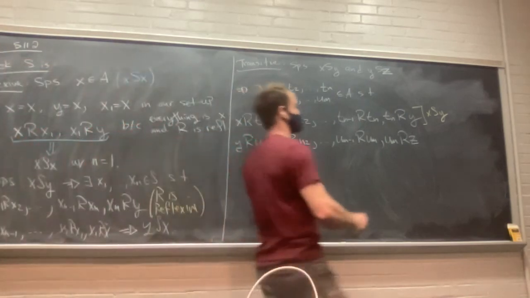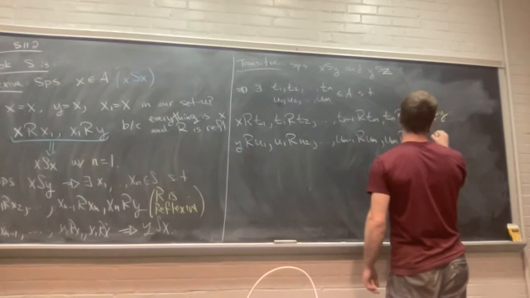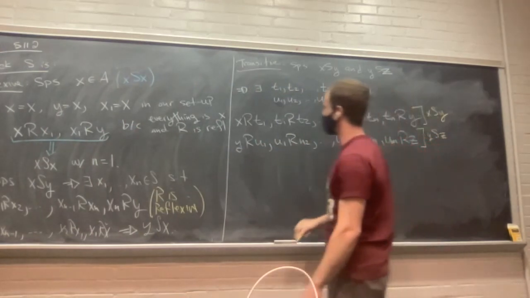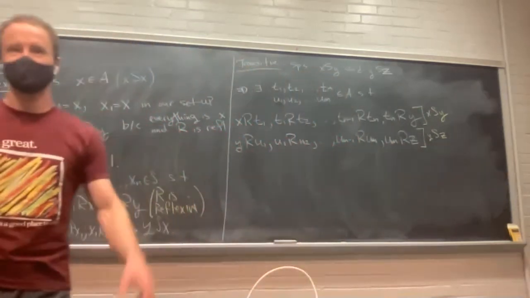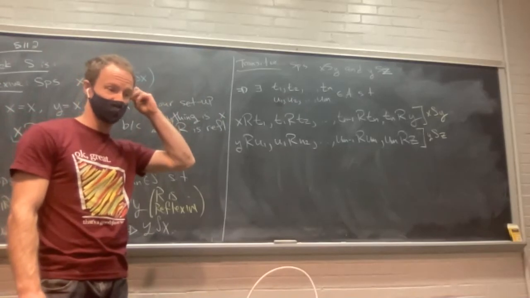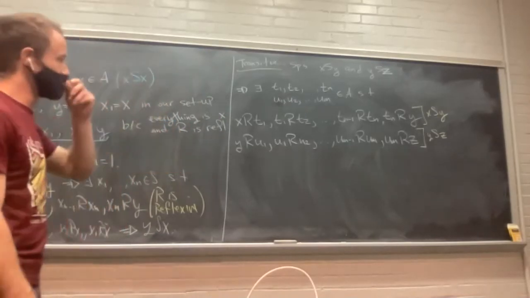That's important to notice that it might have a different length. So this means that Y is S related to Z. So those were our assumptions, right? So that's our hypothesis for transitivity along with the structure of S.